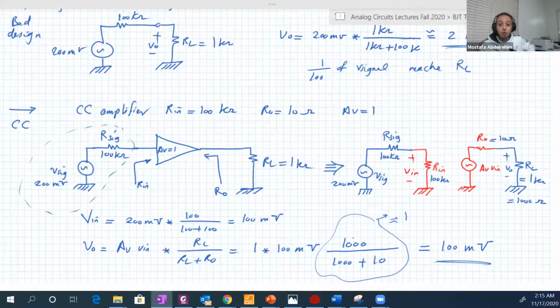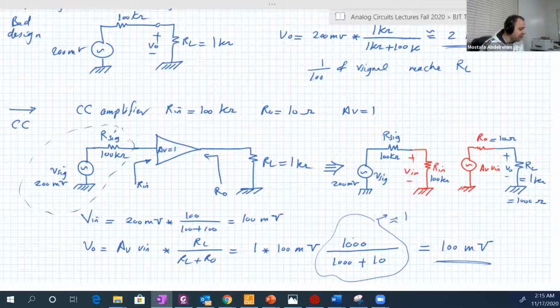That's why we usually don't use one configuration by itself. We usually make two stages, for example. So in order to amplify a signal at the input, we amplify it first using common emitter, then we put a common collector, then we put the load, not just one of them, to get the benefit from the advantages of both circuits.